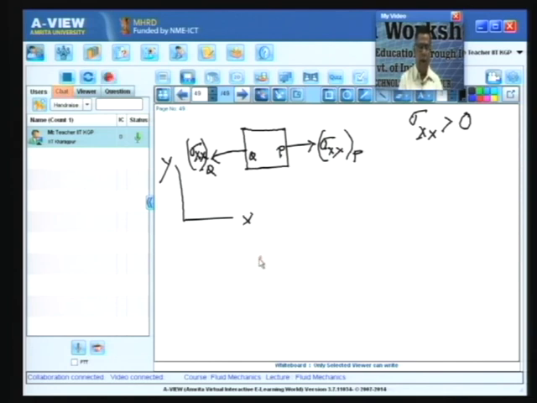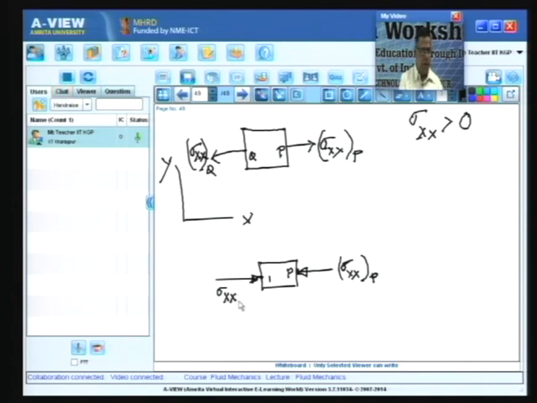Now, I will draw another case where it is negative. At this point P, suppose the stress is negative, then this will be the direction. And at the point Q also, if it is negative, the arrows will point in the opposite direction.